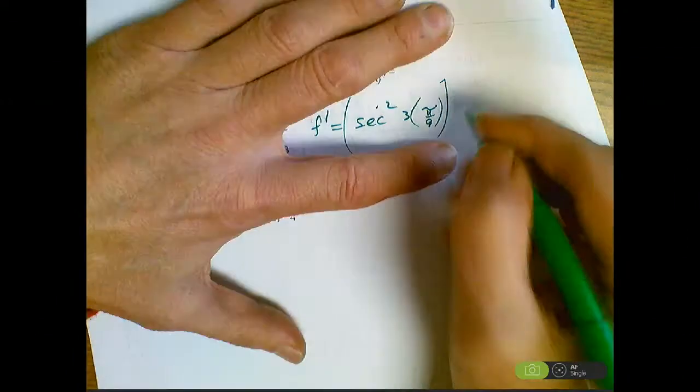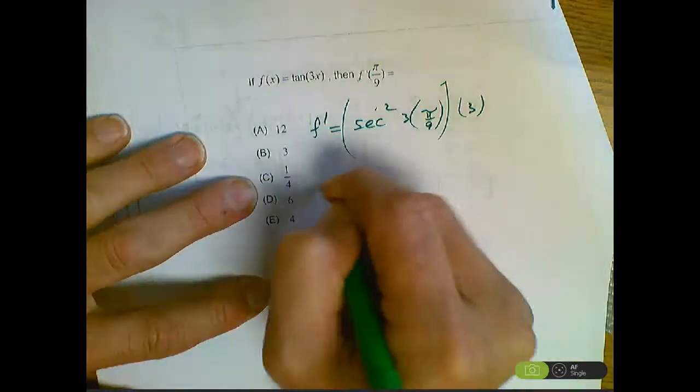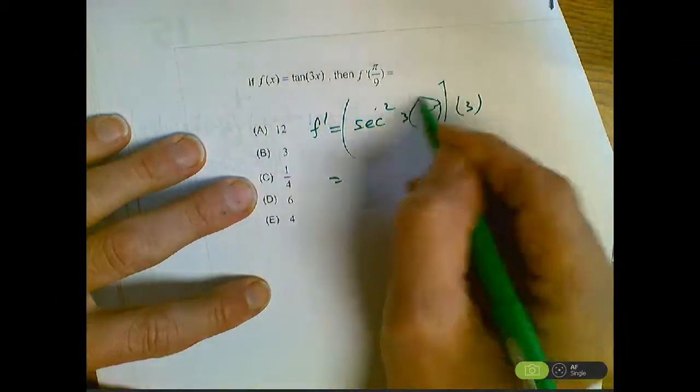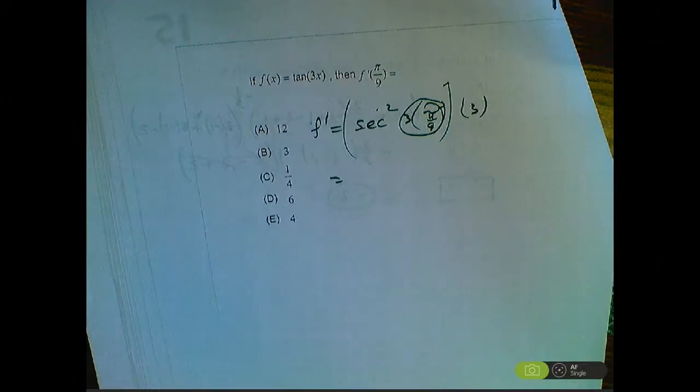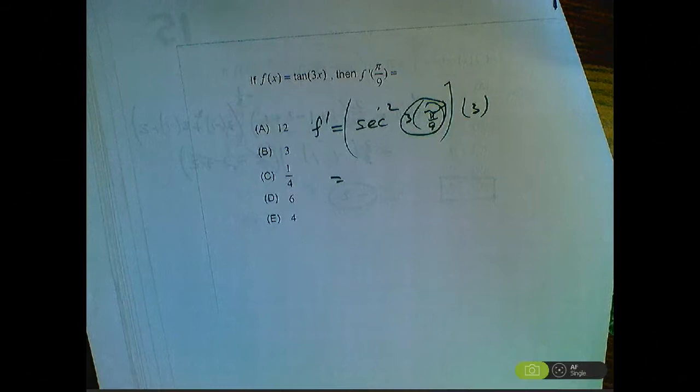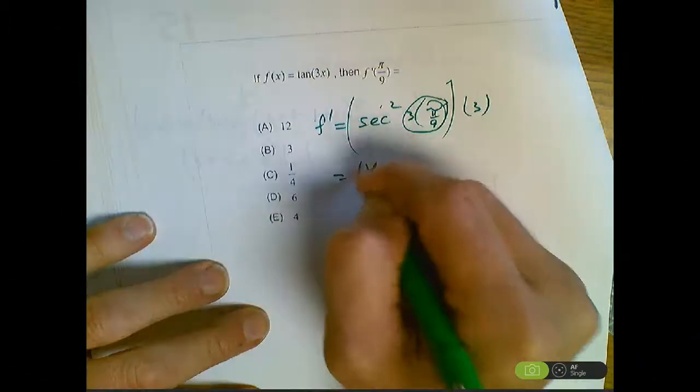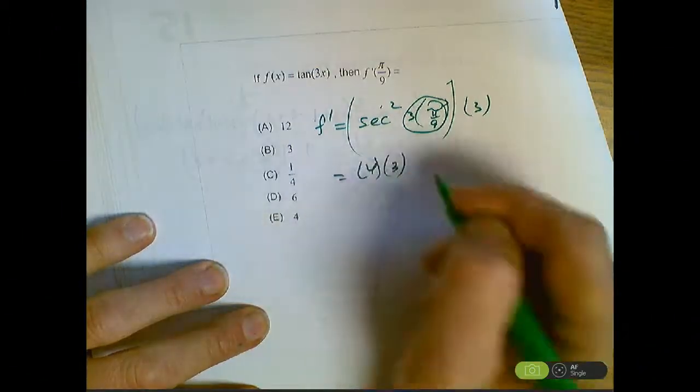Let's do the baby, which is 3. Secant of pi over 3. The secant is related to the cosine. The cosine at 60 degrees is 1/2, correct? The secant then would be 2. The secant squared would be 4. And that would be that one.